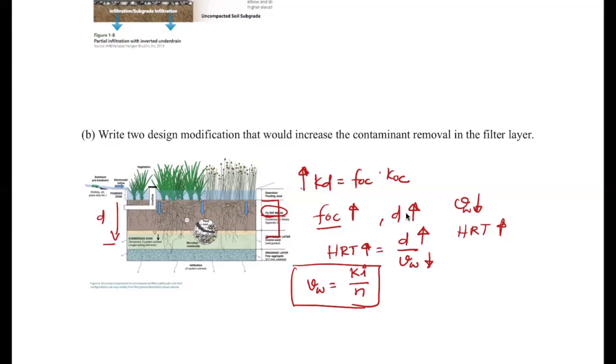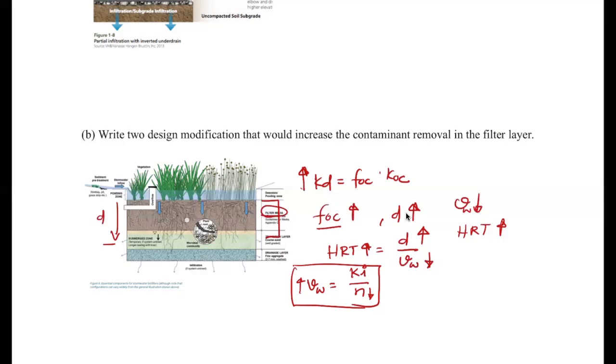Let's see. If you decrease porosity, that means you have more interaction, so velocity should decrease. Yeah, that's right. If you increase porosity, more porous, the water will drain very quickly, so you don't have enough time.